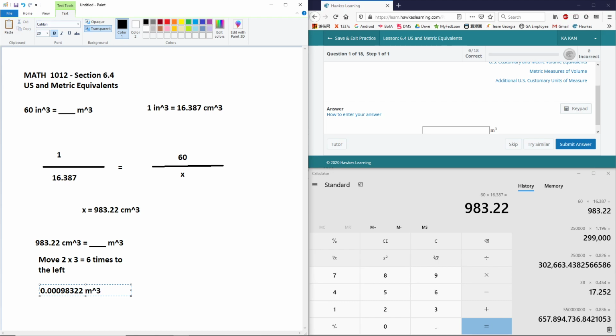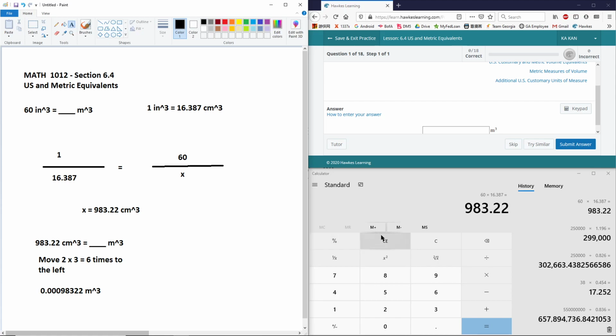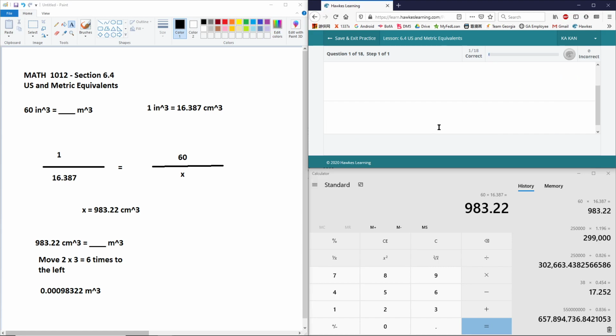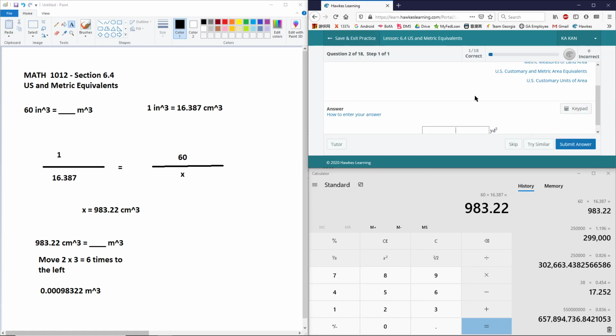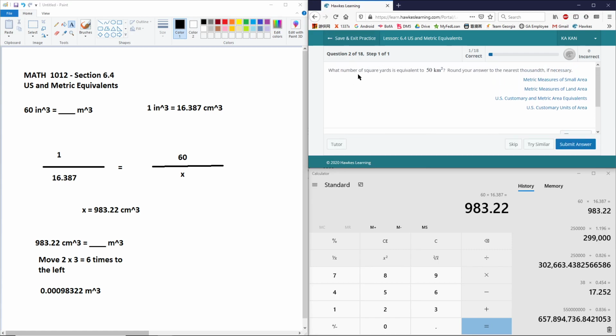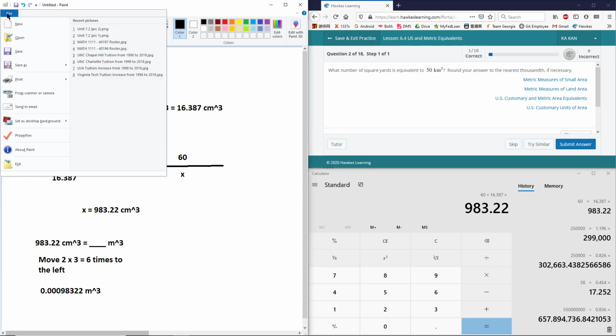It's definitely a tricky problem because you've got 2 steps. So that's 0.00098322, just like that. Next problem is, what number of square yards is 50 square kilometers? So we're going to start over here.